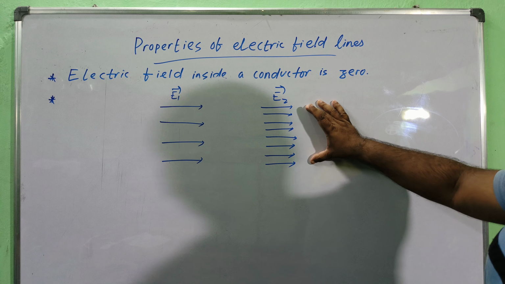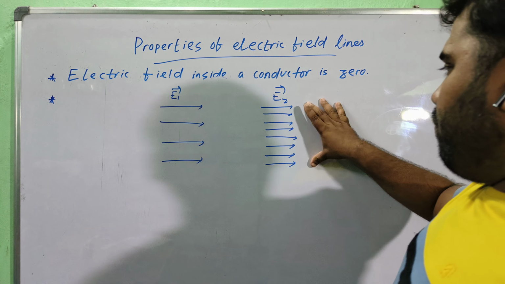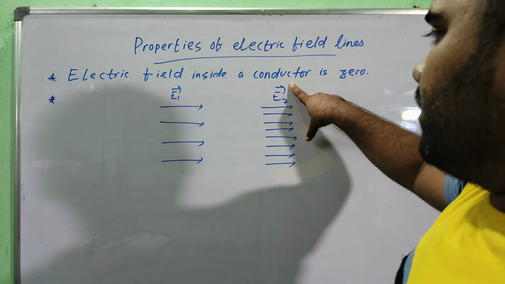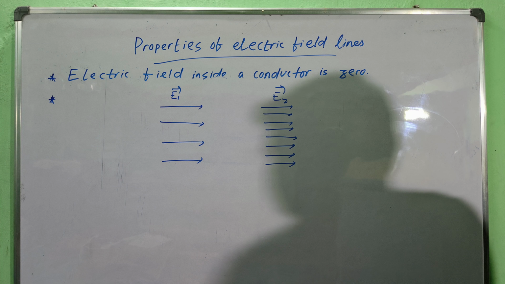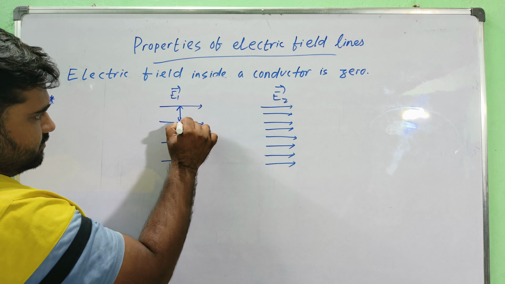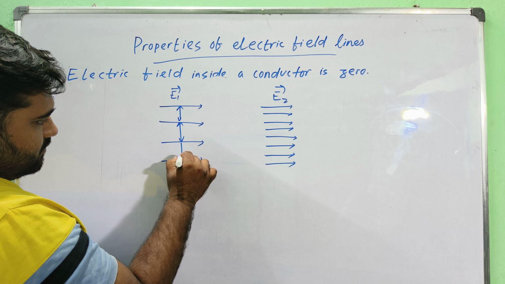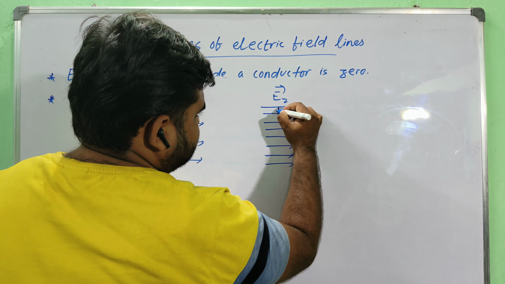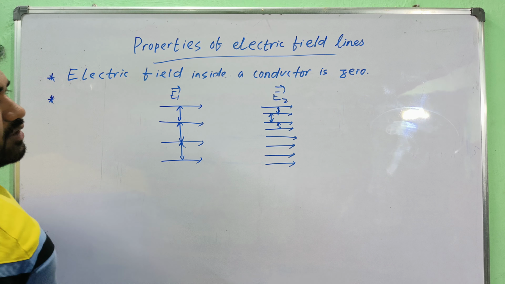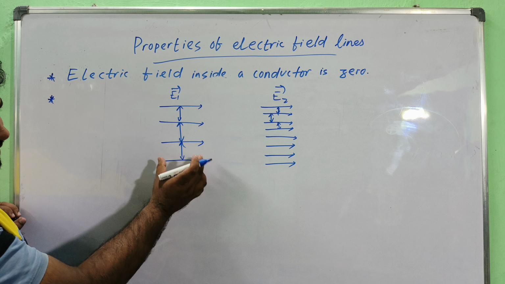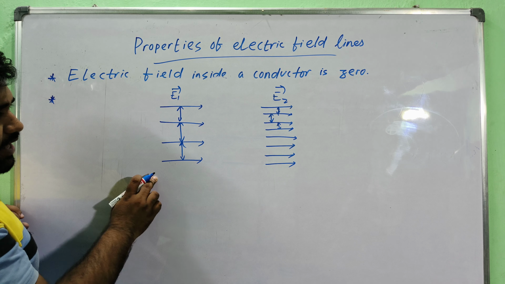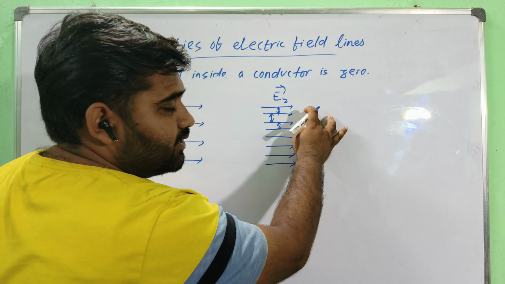If we consider this area and this area, both have the same area, but the number of electric field lines in this field is more as compared to E1. See the closeness between these lines. The distance between the lines in this part is more as compared to this part.